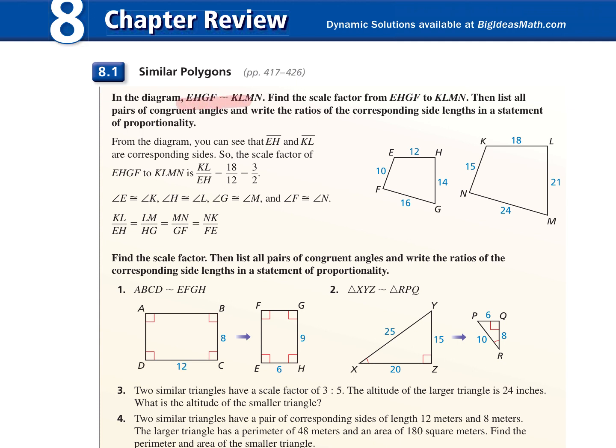So this right here is an example of a similarity statement. So if they ever ask you to write that, that's what they're expecting you to have, is all of the vertices with the symbol of a similar, which is like that little wave in between, and then the vertices of the second figure that it's similar to.